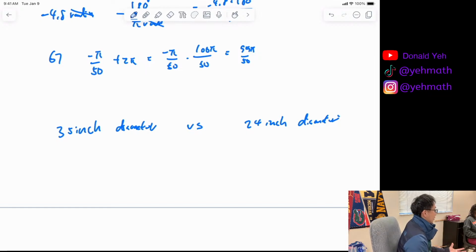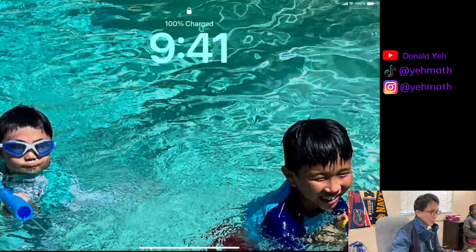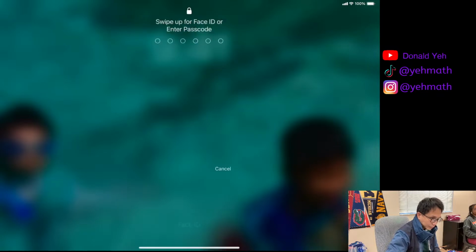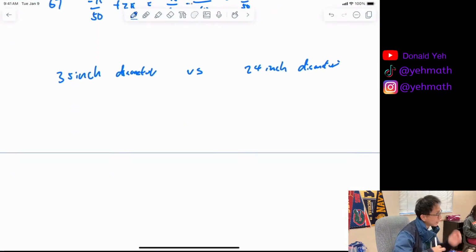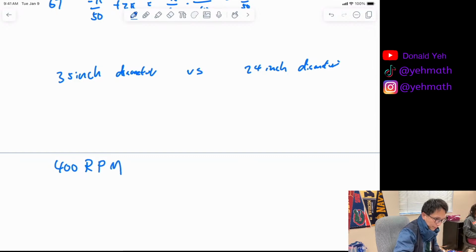But it's okay. A lot of times you've got to think of those things, and I'm going to talk about why those things are important: linear speed and angular speed. Let's just say I have a 35-inch wheel, and I'm going at 400 rotations per minute.